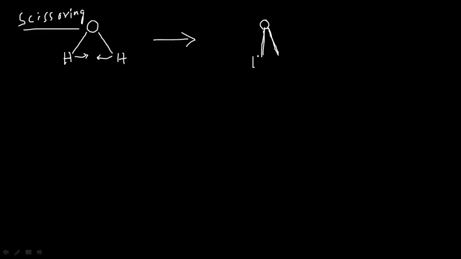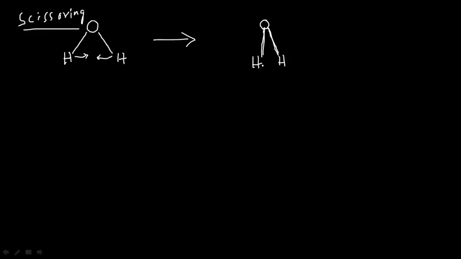Suppose this is hydrogen and this is hydrogen. Now these two hydrogens are coming near to each other, that means the bond axes of the two hydrogen atoms are coming near to each other, then you will have this type of structure.